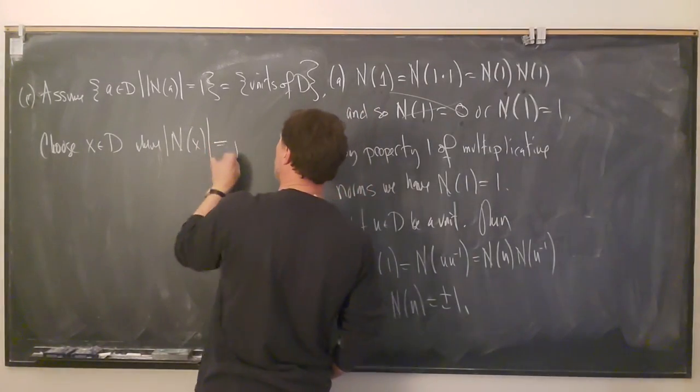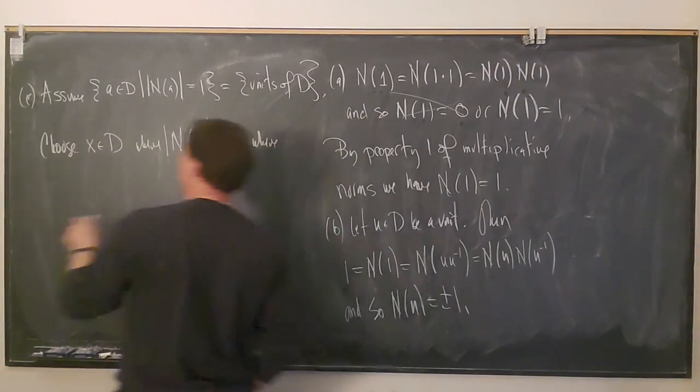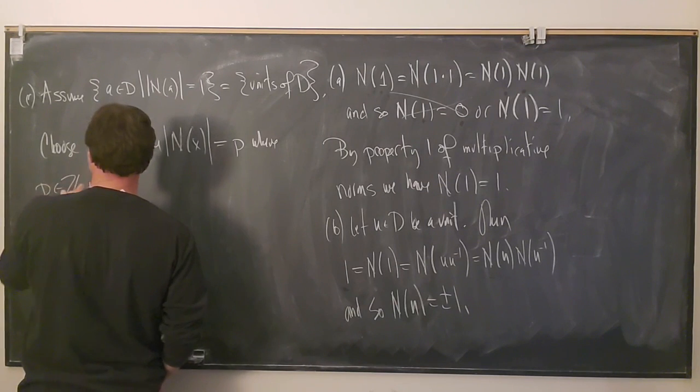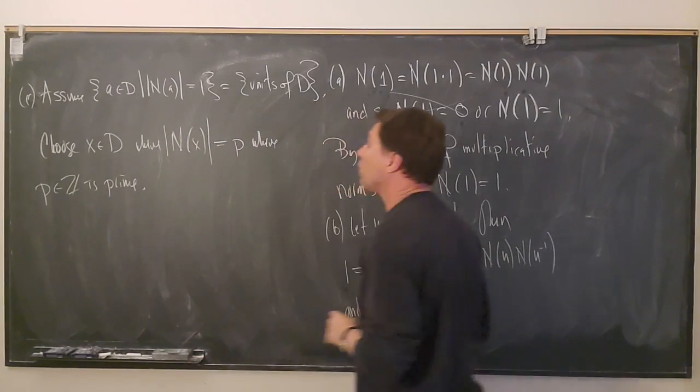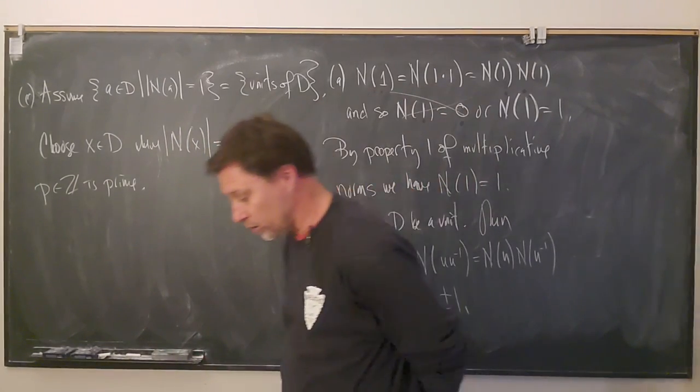So it's equal to P, where P in Z is prime. Now our goal is to show that X has to be an irreducible.